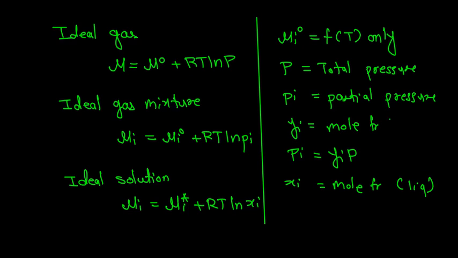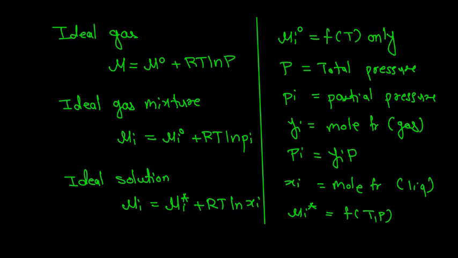This will be our general notation: Yi would be used for gas and Xi for liquid. And finally, mu i asterisk is a function of both temperature as well as pressure. We don't say that it is a function of temperature only. So this is our framework to define an ideal gas mixture and an ideal solution.